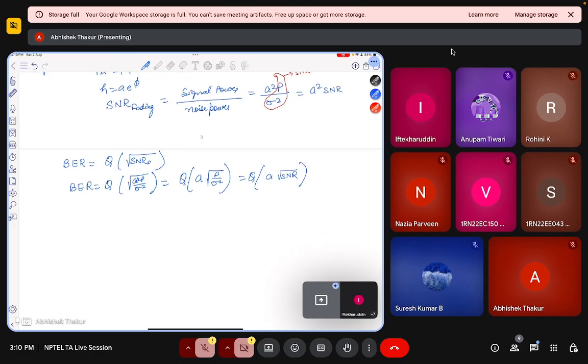Okay. Now we know what is Q of X. Q of X is integration from x to infinity of 1 by square root of 2 pi e to the power of minus t square by 2 dt. Okay.